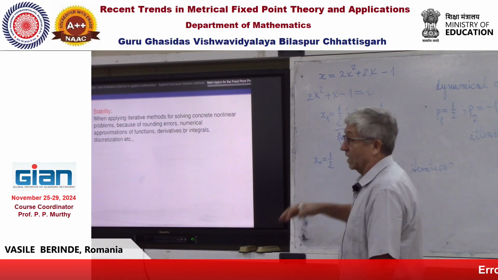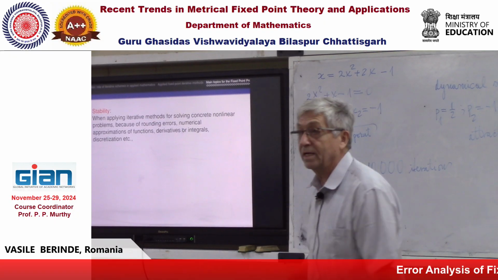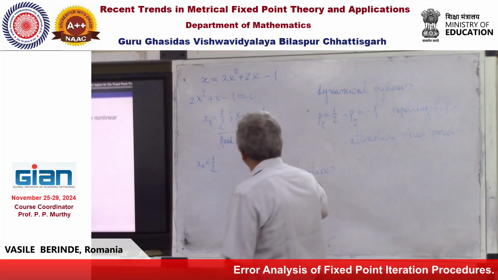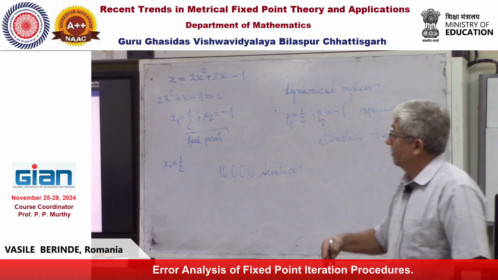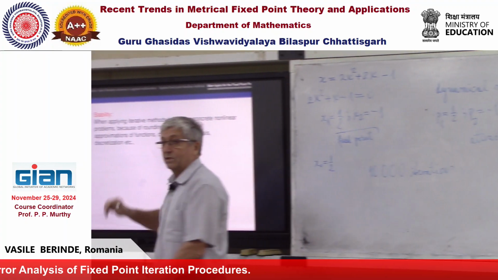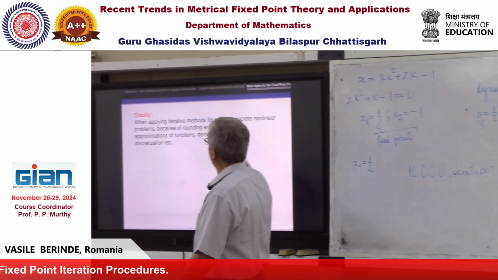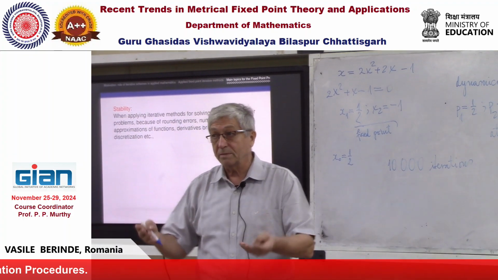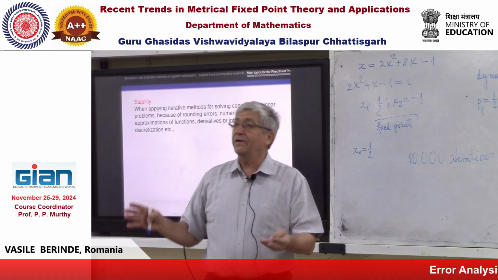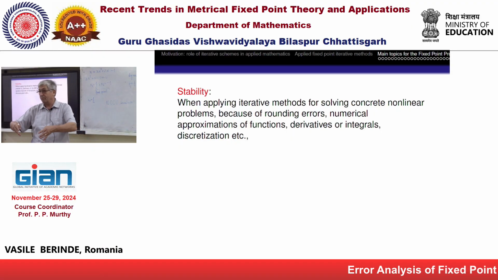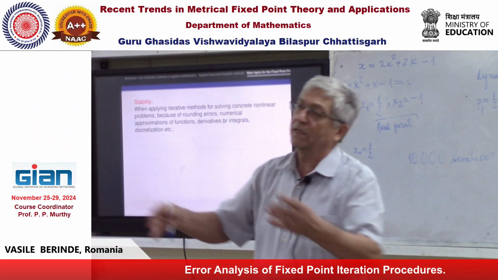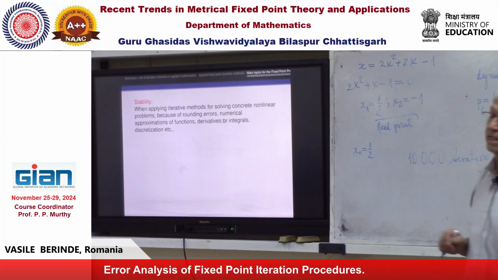So you can imagine at each iteration we have a rounding error, we have an approximation, and after 10,000 repetitions, in a certain problem we could have some derivatives we compute approximately, some integral we compute approximately. Sometimes we discretize: we are in an infinite dimensional space, and to solve the problem, we consider a finite dimensional subspace and work on this subspace, so we have discretization.